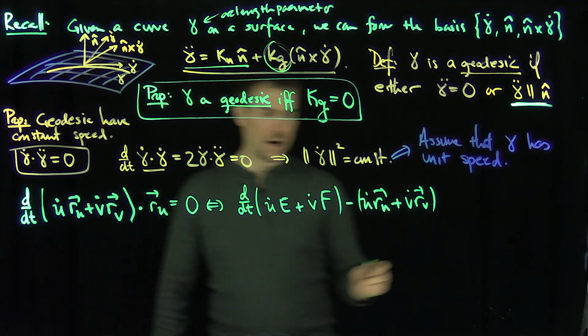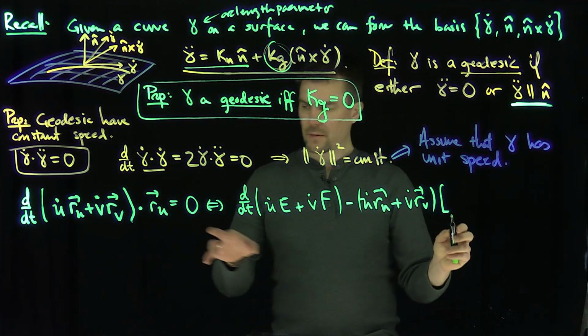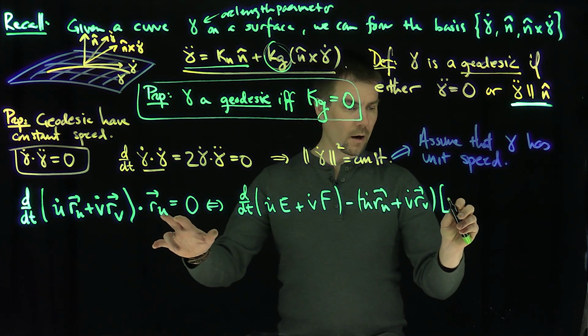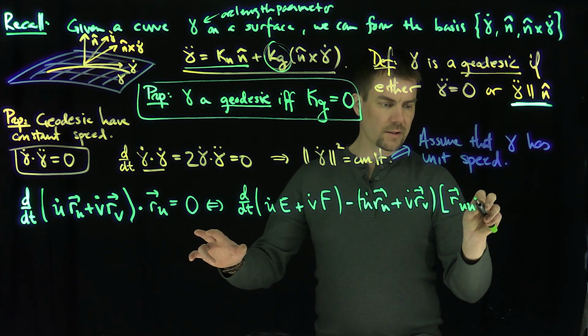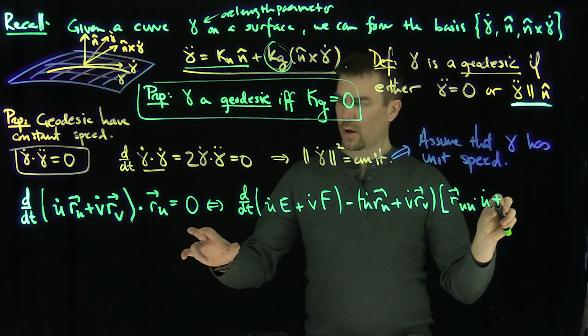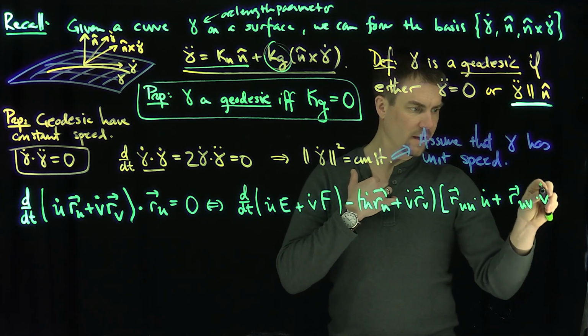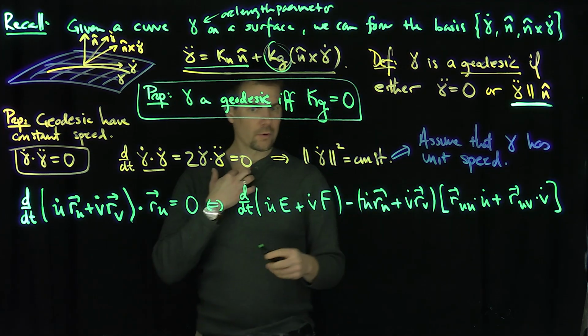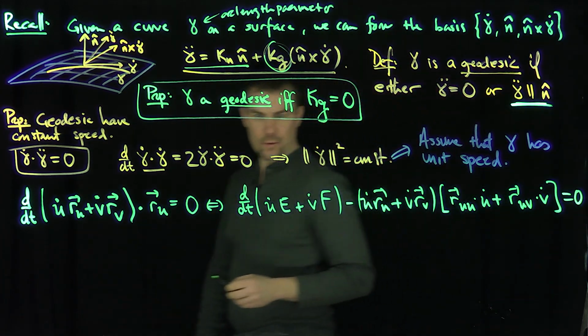The derivative of ru is going to be what? It's going to be ruu dot u hat, u dot, plus ruv dot v dot, what? Great. And this is 0.